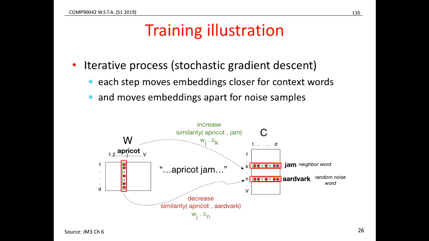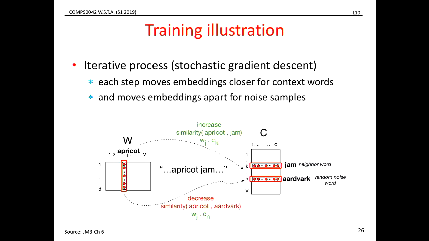Okay, so just to illustrate what's going on, training is an iterative process. It frames this binary classification likelihood, and it makes a gradient descent step each time it sees a small batch of data. That's like a word with all of its context and all of its negative examples.